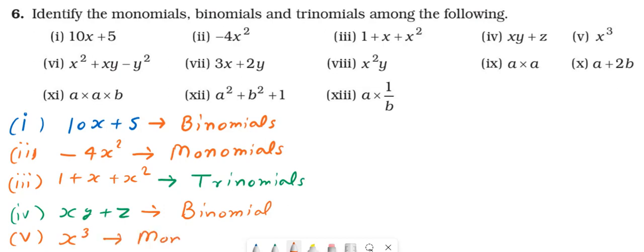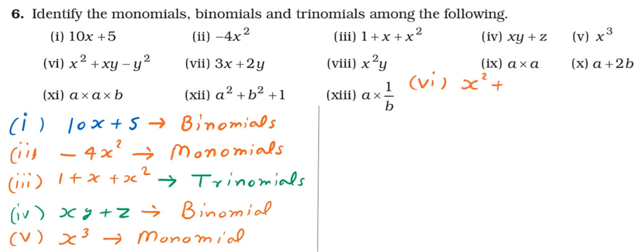Monomial. Now beta, the sixth part. The sixth part is written as x square plus xy minus y square. It contains three terms, so it is called a trinomial. Why? Because it has three terms.